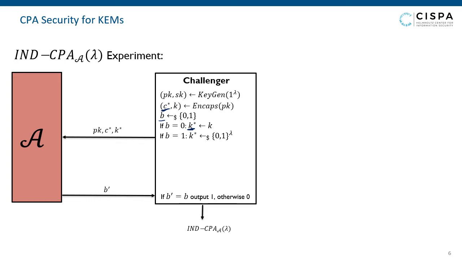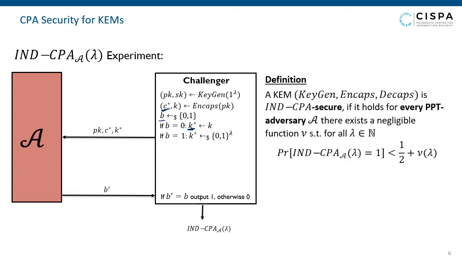So in a way, this IND-CPA security experiment for KEMs asks that a key K produced by this key encapsulation algorithm is pseudo-random given both the public key PK and the ciphertext C* encapsulating this key.